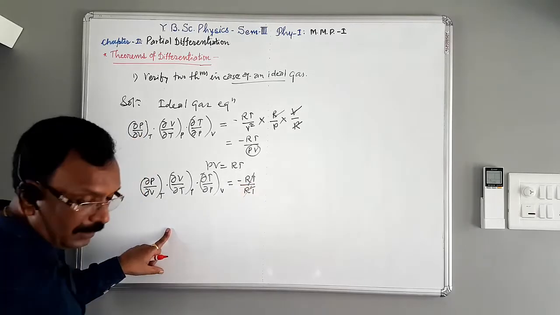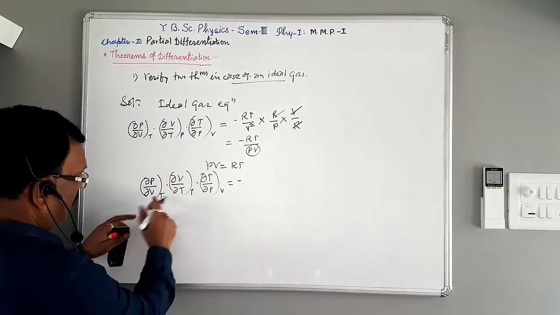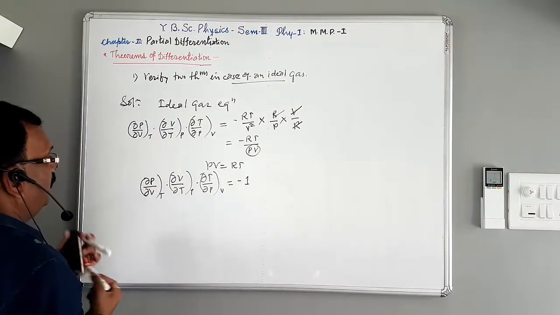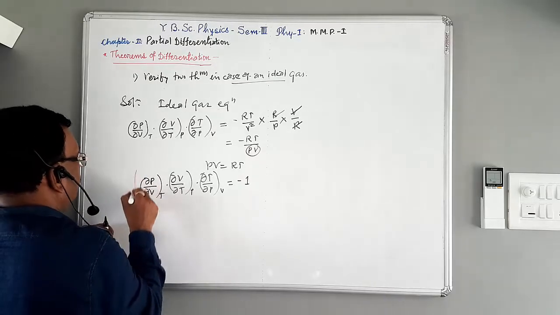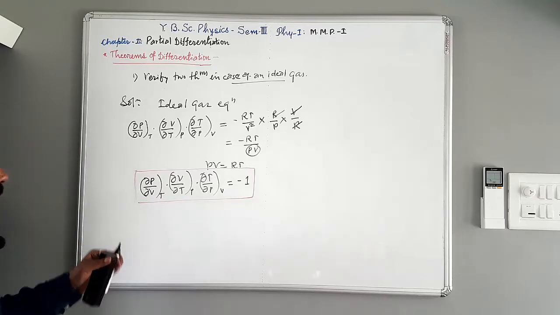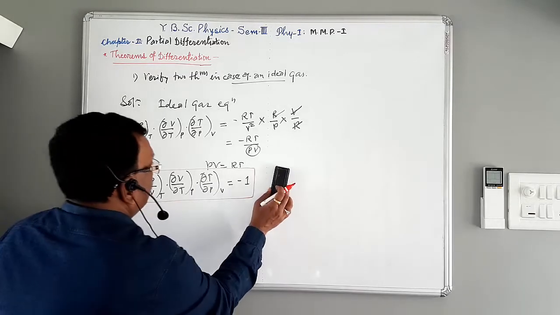RT gets cancelled, and finally this is equal to minus 1. In this way we verified the second theorem in case of an ideal gas.